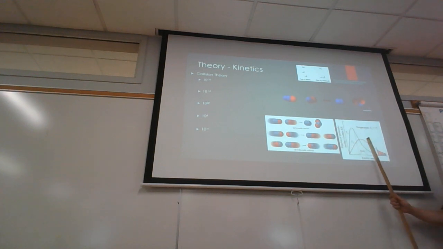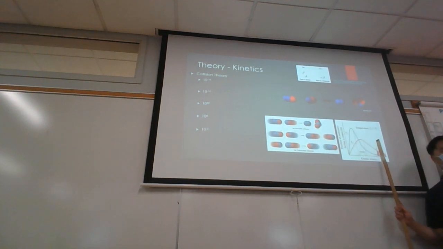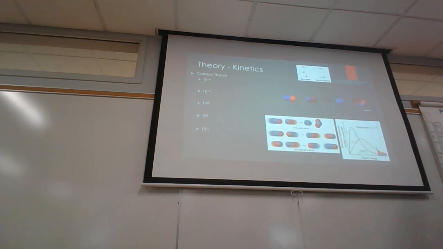Food is less than 100, maybe in the 50 range for the activation energy. So this is what gave the rule. The rule of thumb that I learned when I was doing kinetics is for every 10 degrees C temperature increase, the reaction rate doubles. But that's only for low activation energies. For higher activation energies, that's not the case.